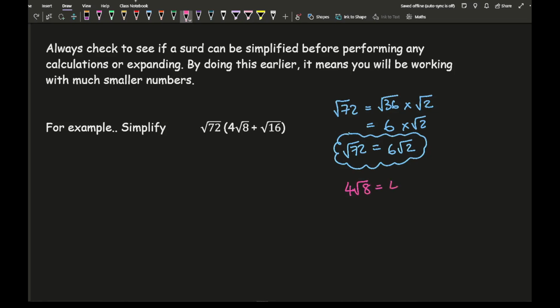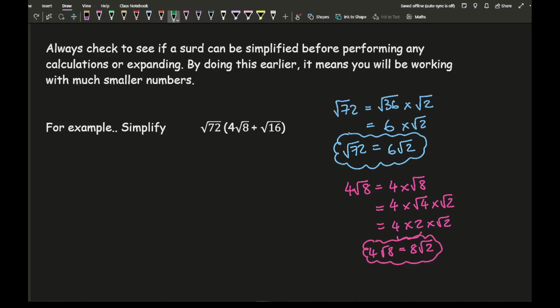Well, that can be written as 4 times root 8, and that can be written as 4 times root 4 times root 2, and that then becomes 4 times 2 times root 2, and then these two things here combine to give me 8 root 2. So 4 root 8 can be written as 8 root 2.